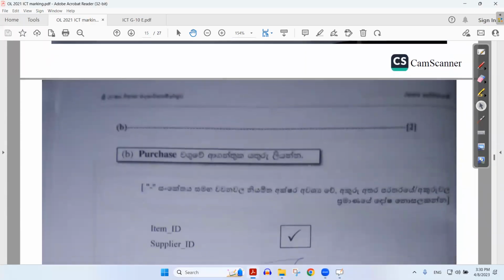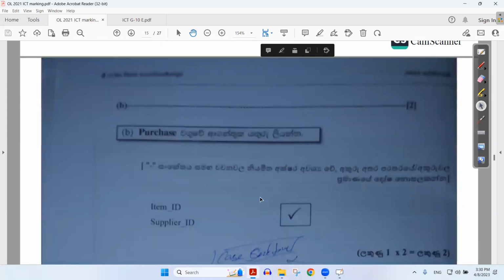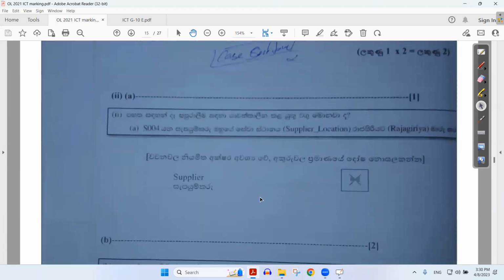Right, how they have reacted to it. Yes, item ID, supplier ID, and yeah, this is the next part.